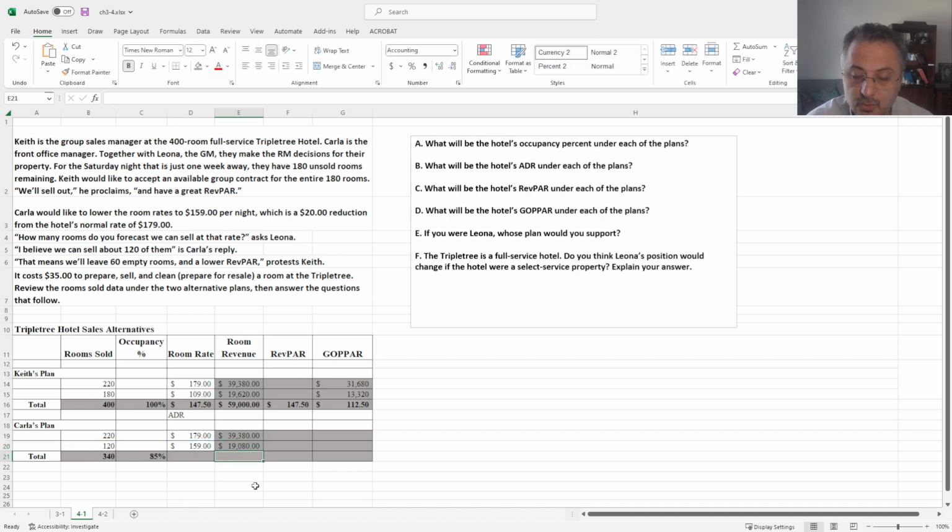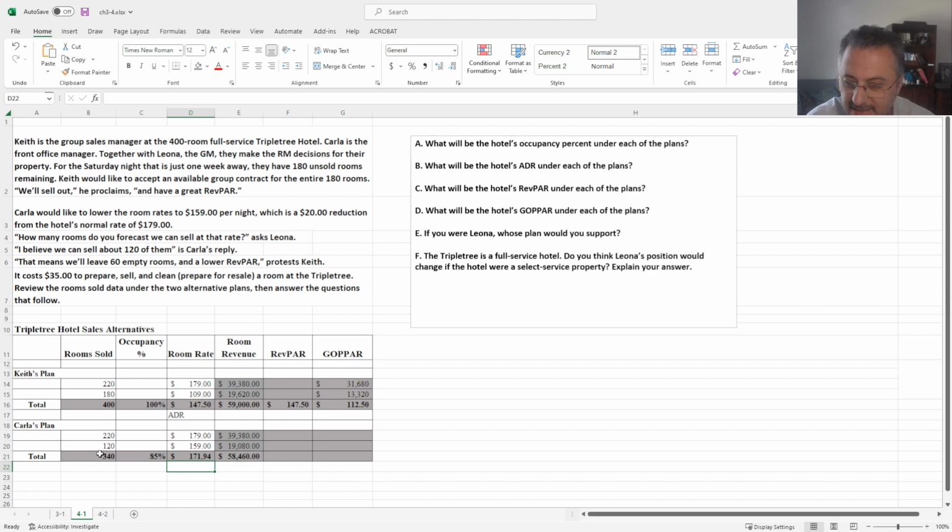So 220, 120, and the total is going to be this. Now, in this case, total room revenue divided by how many rooms sold?